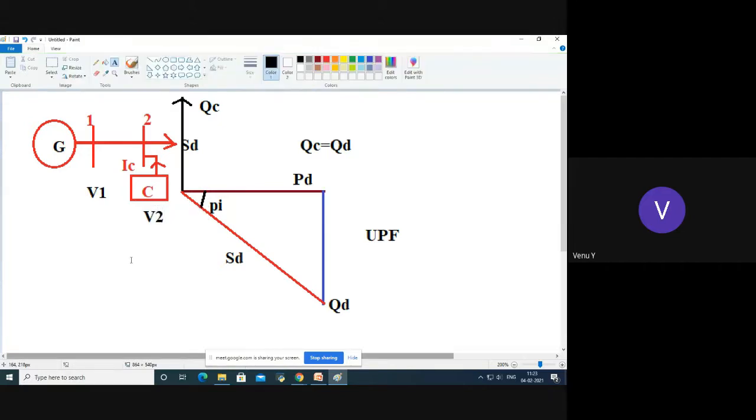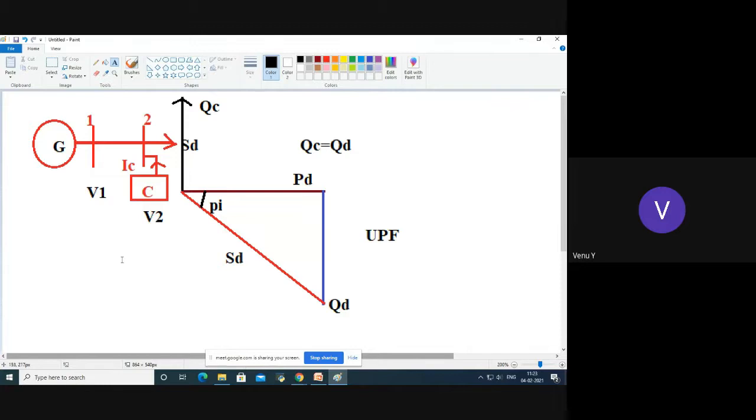In general, the variation between V1 and V2 in transmission is maximum 10 to 12%. Therefore shunt compensator can improve that voltage approximately, let us take 10% variation.